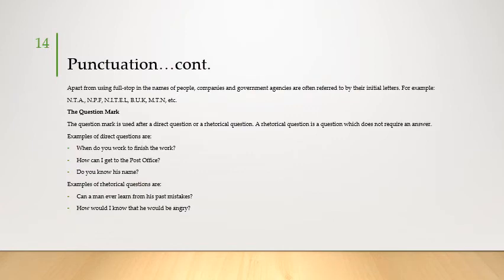Apart from using a full stop in the names of people, the names of companies and government agencies are often referred to by their initial letters.